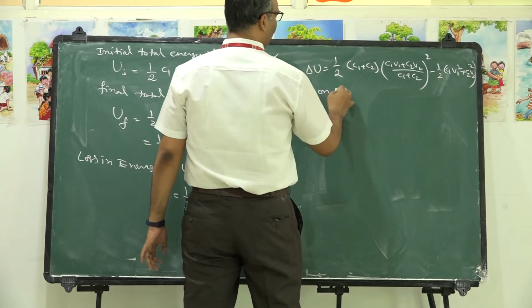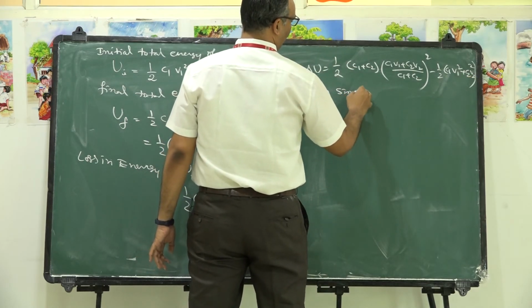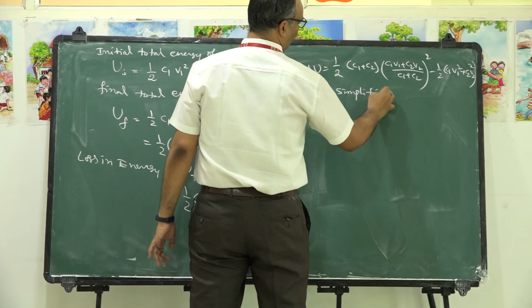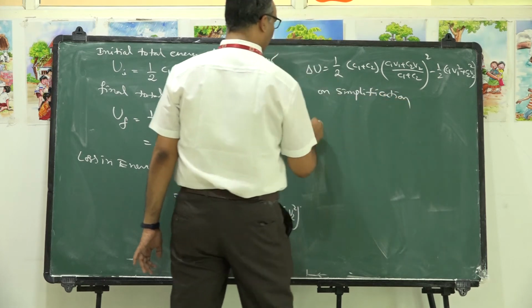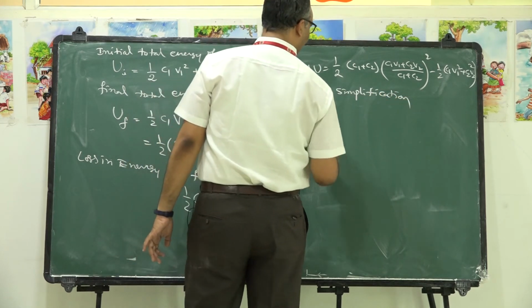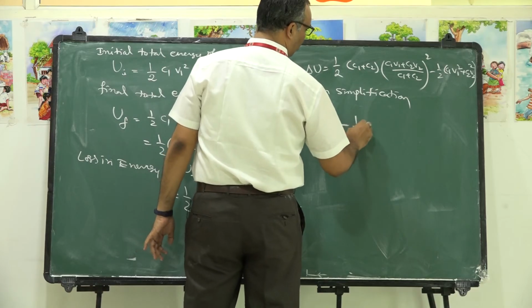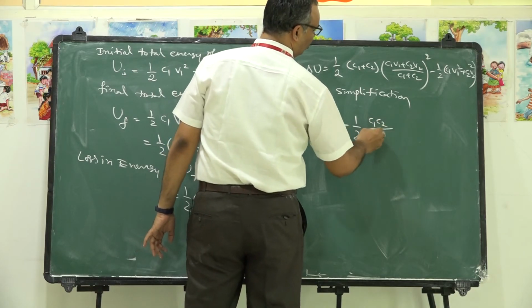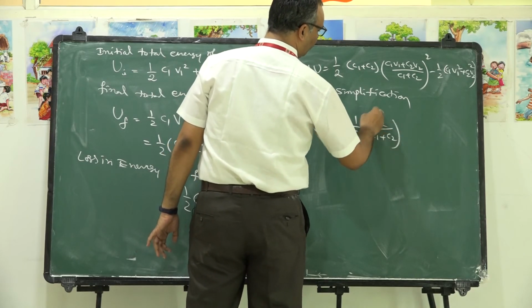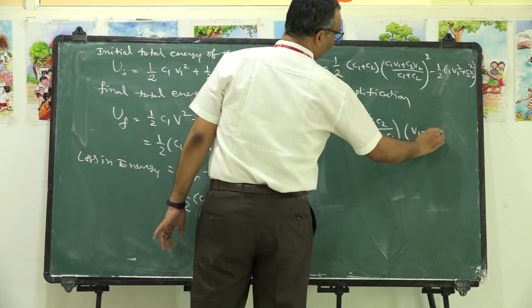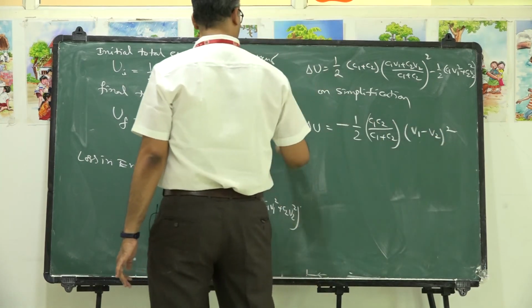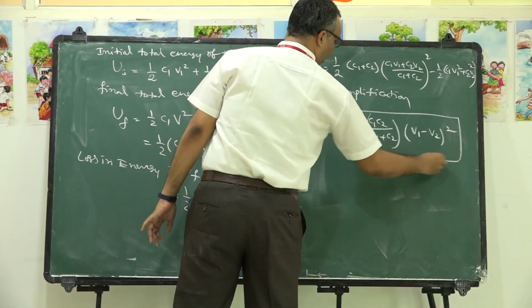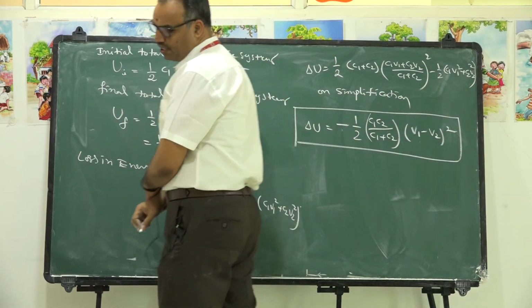So on simplification, you will get the loss in energy as minus half of C1 C2 by C1 plus C2 into V1 minus V2 whole square. Here minus indicates there is a loss in energy.